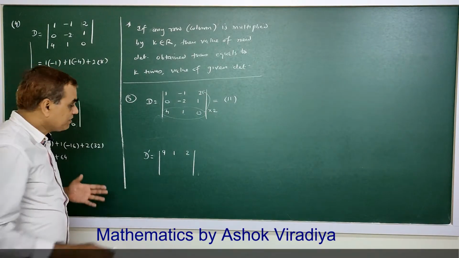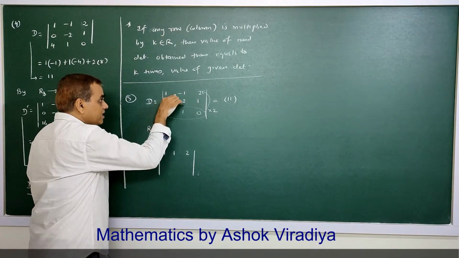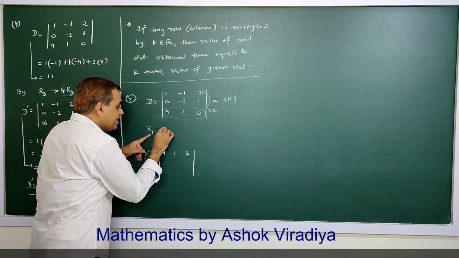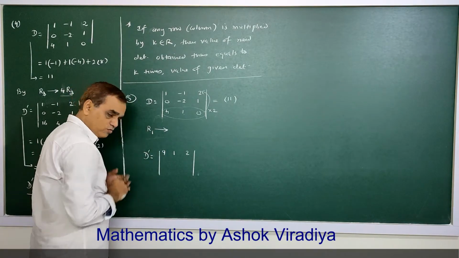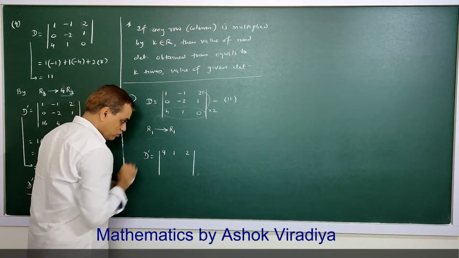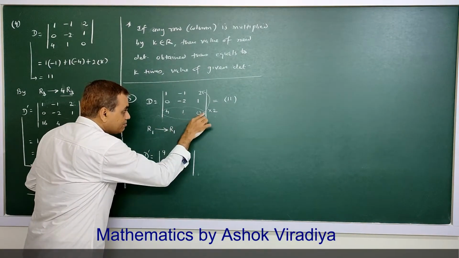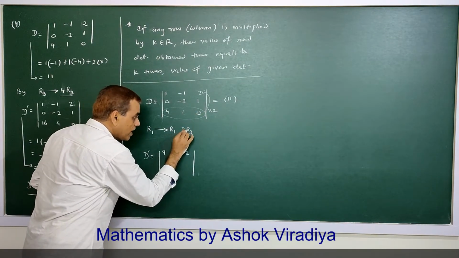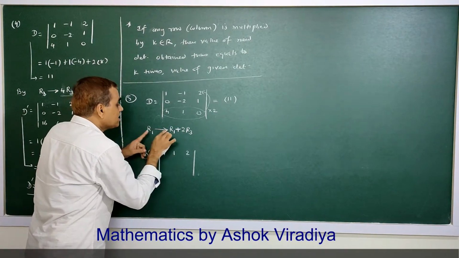So this operation we show by this symbol, that here in the first row the entries are changed. What change is done in the first row? The third row is multiplied by 2 and the values are added in the first row.